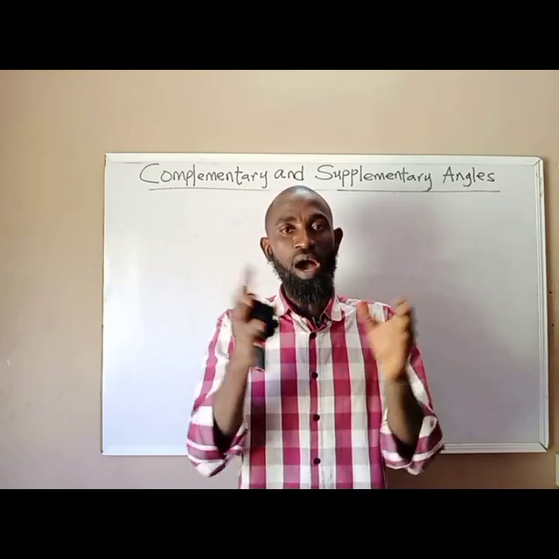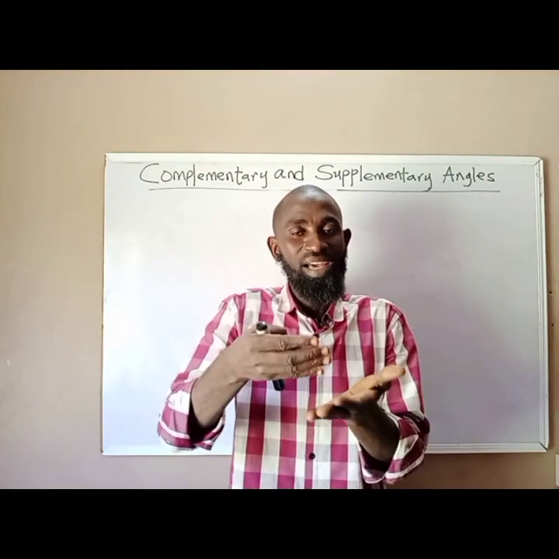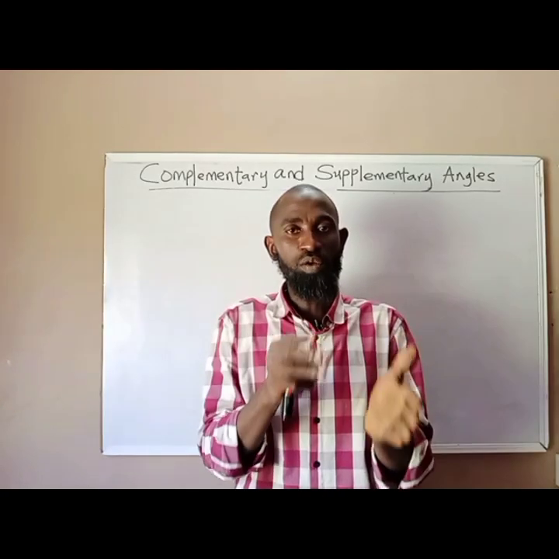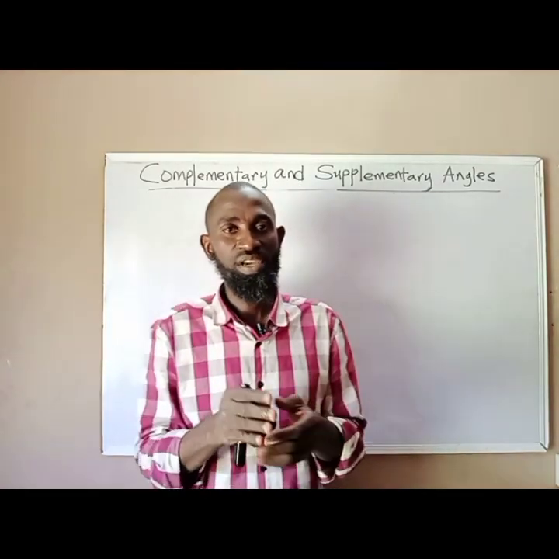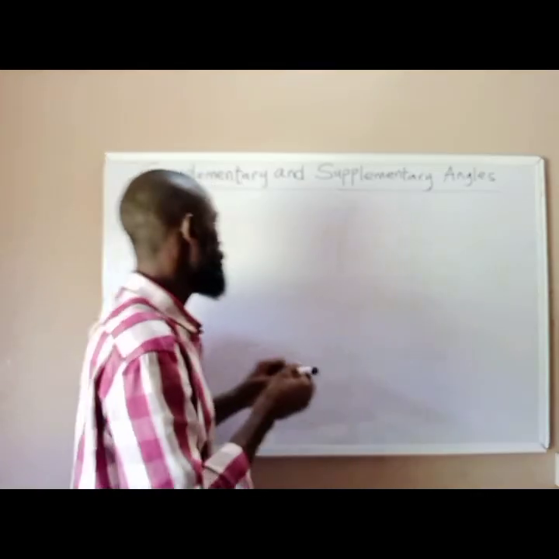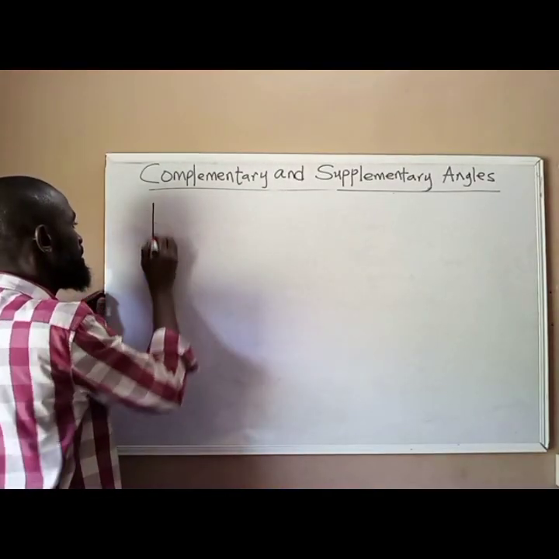So two or more angles, when added and the result of the addition is 90 degrees, we call those angles complementary angles. Suppose we are given our right angle triangle ABC.